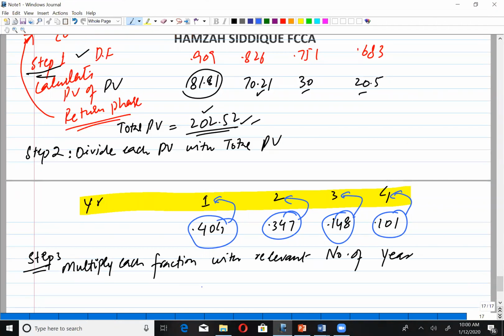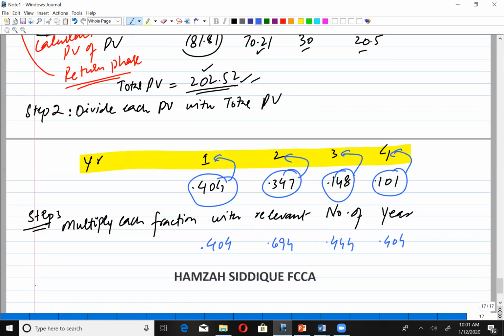So it is 0.404 multiplied by 1, 0.347 cross 2 is 0.694. 0.148 cross 3 is 0.444. 0.101 cross 4 is 0.404.